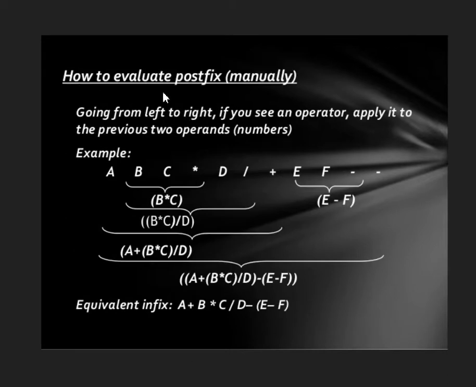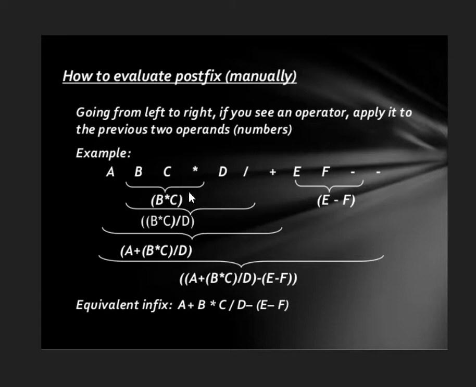So how to evaluate a postfix expression manually? Going from left to right, if you see an operator, apply it to the previous two operands or numbers. Suppose this is the example we have with operators and operands, which is a proper postfix expression. When you traverse from left to right, we first have three operands, that is A, B, C. Until then we need to keep traversing.